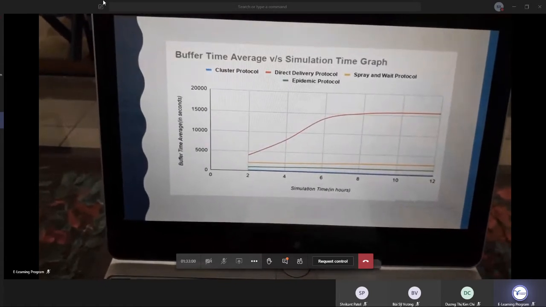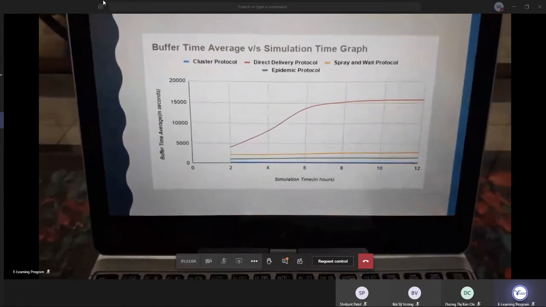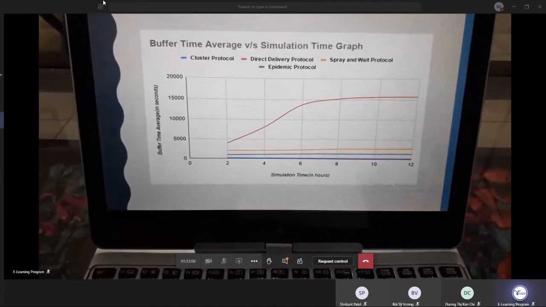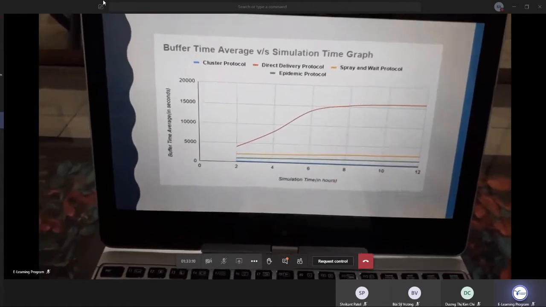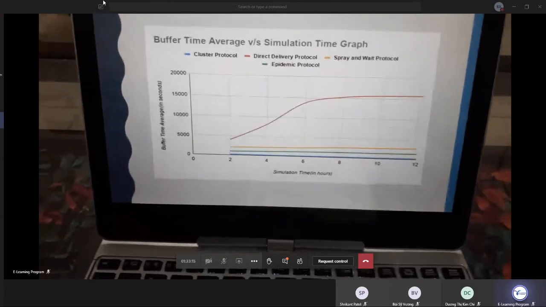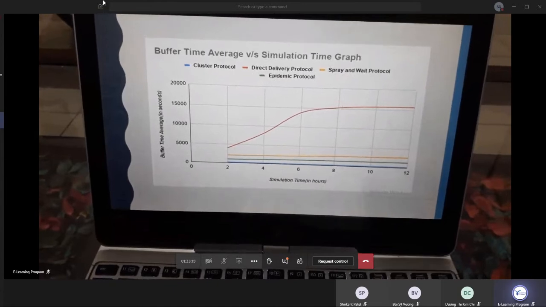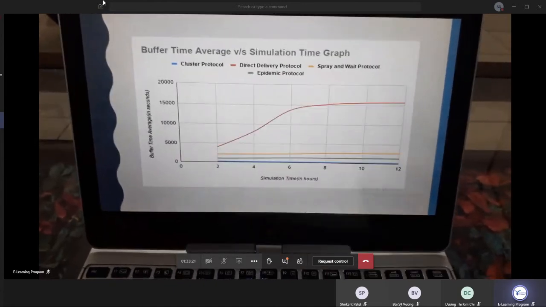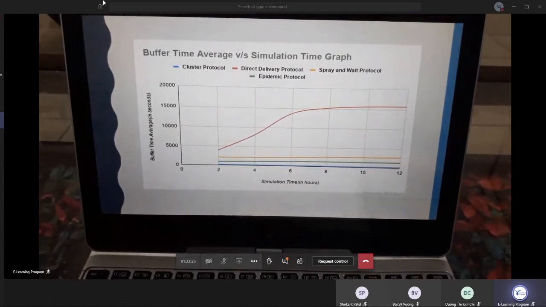This is the graph which shows the buffer average time according to simulation time. It produces the results for the cluster protocol, direct delivery protocol, spray and wait protocol, and epidemic protocol.